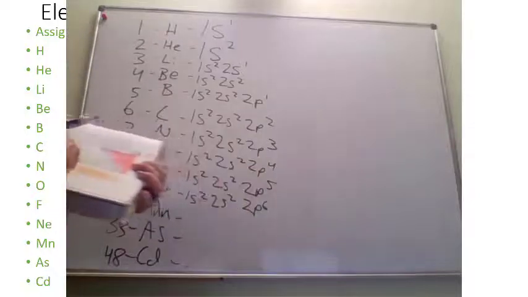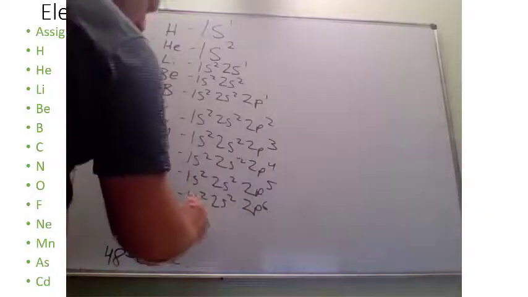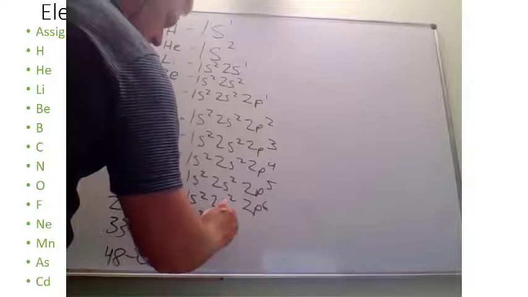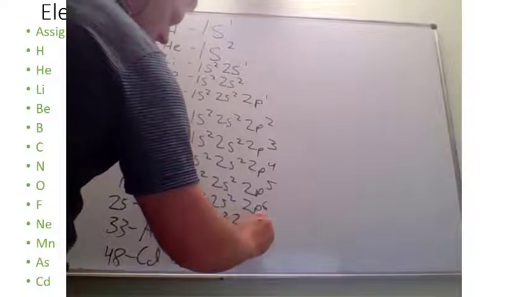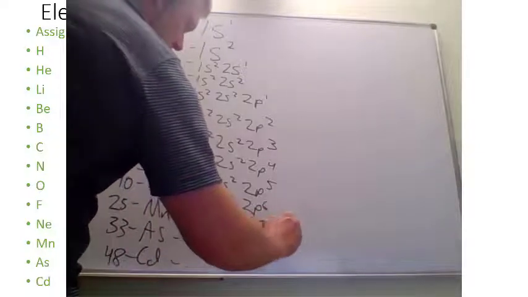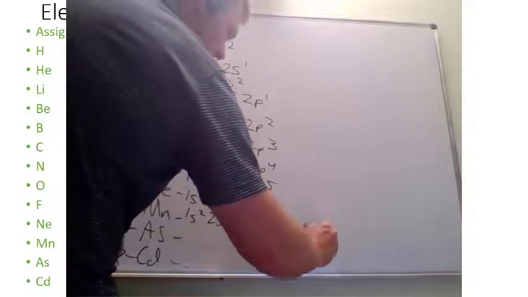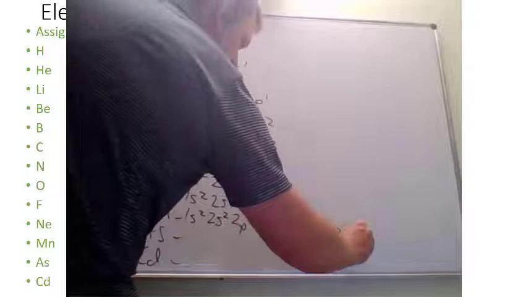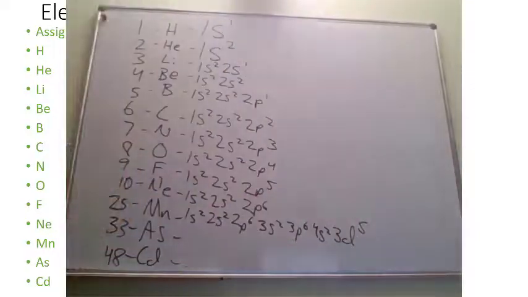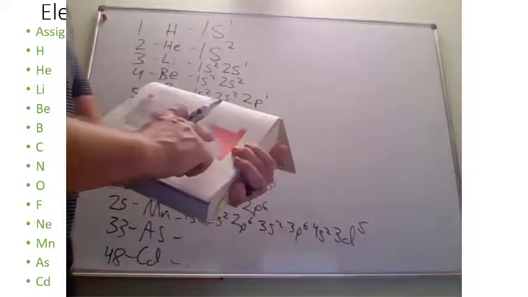Okay, so that would be 3d5. All right, so 1s2, 2s2, 2p6, 3s2, 3p6, 4s2, 3d5.